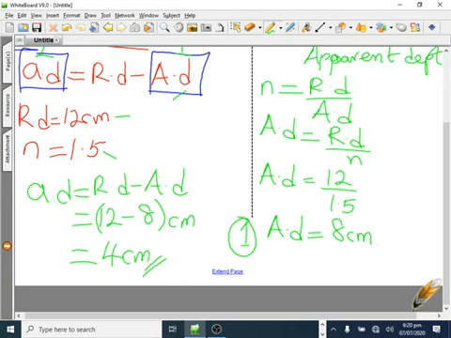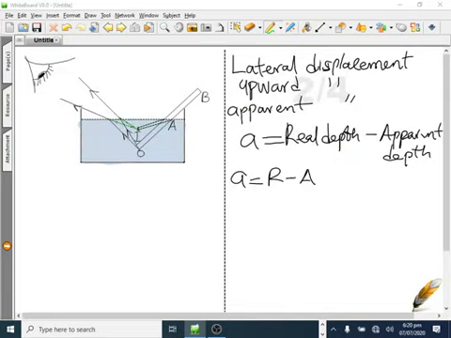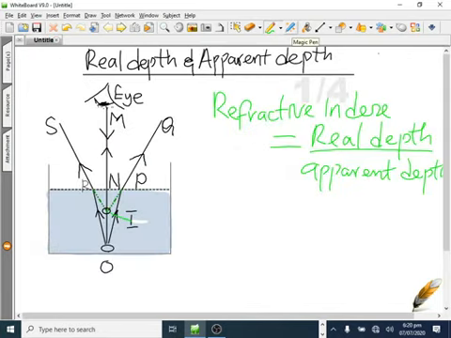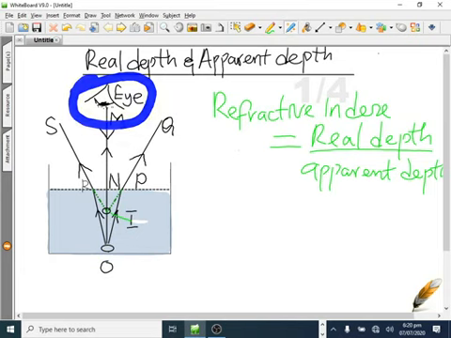Very simple. Let's quickly make a recap of everything we've done today. We started where we talked about an object being placed at position O and an observer looking at the object.